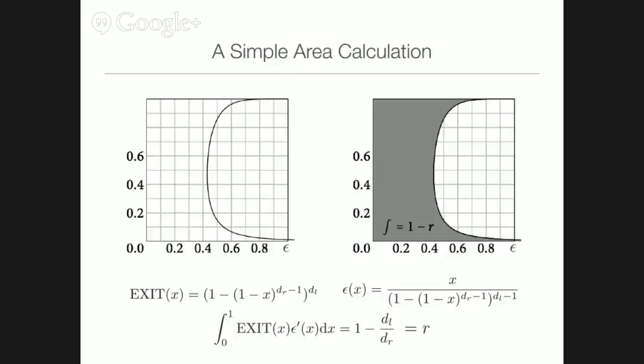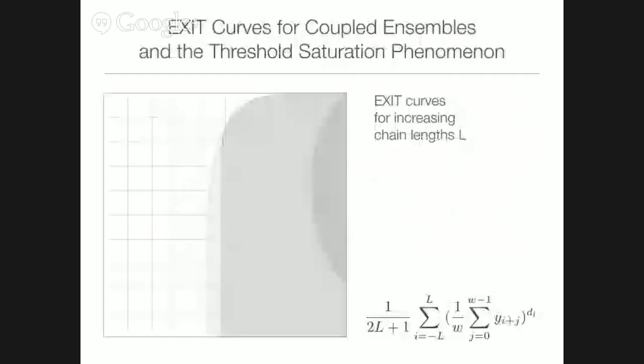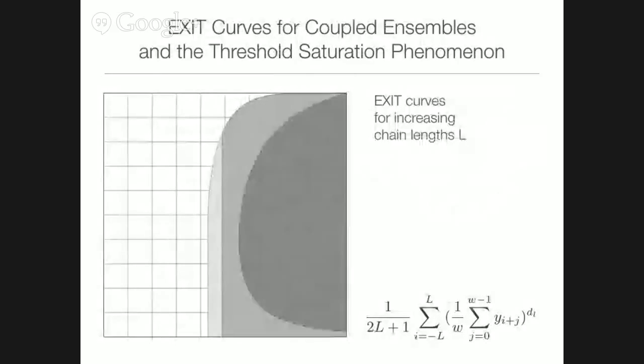If you take the initial picture, these pictures look like this. This is maybe for a chain length of 3. So right means bad, right means good. This is the entropy, so it means it can tolerate that much channel. So if you increase L, it gets worse and worse. Yes.